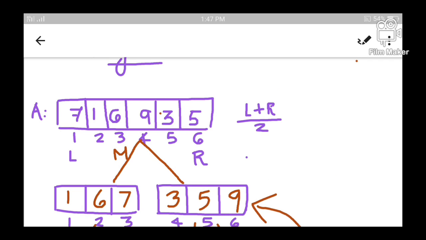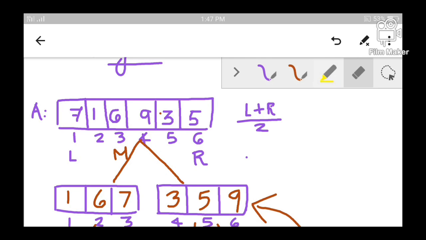Now at this stage we are having two arrays. First array is 1, 6 and 7, which is sorted. Second array is 3, 5 and 9, which is also sorted. So we are having two sorted arrays. These two sorted arrays can be merged together to get a new sorted array.